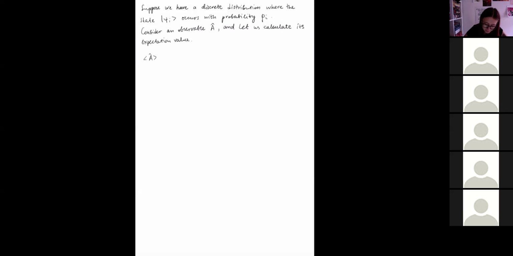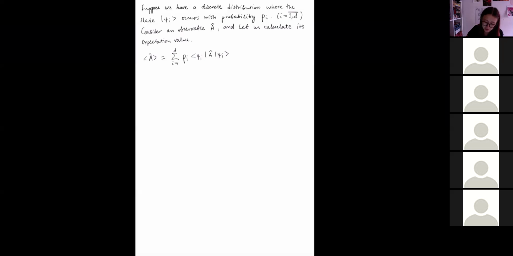So we have A. And how do we calculate this expectation value? We can calculate the expectation value of this observable for each of the states psi_i, where i goes from 1 to d, as <psi_i|A|psi_i>. However, the system is in a state psi_i with probability p_i.